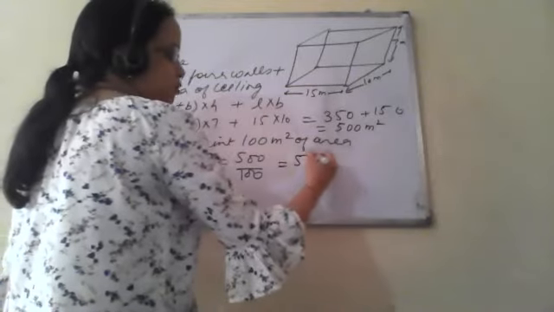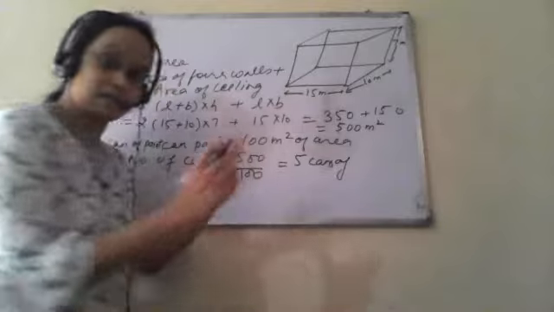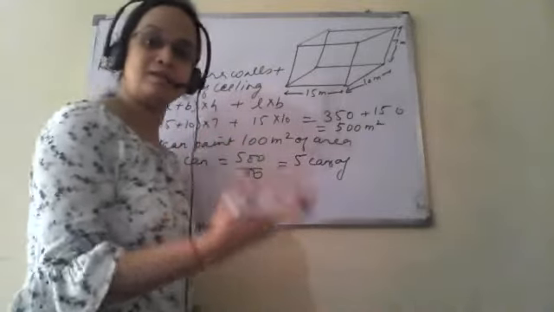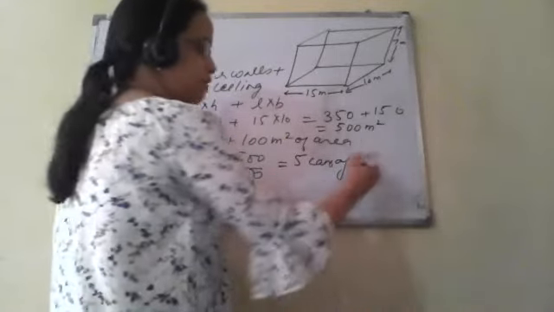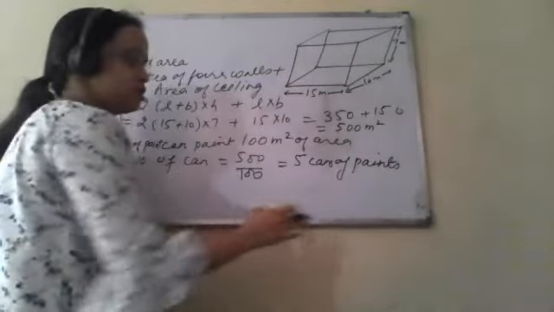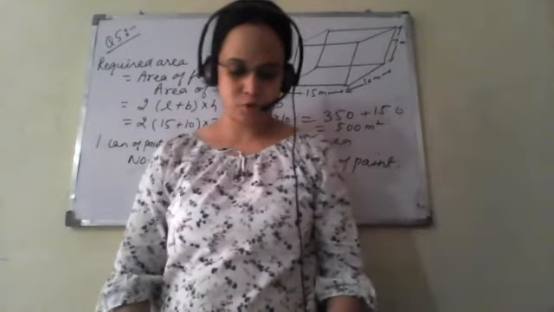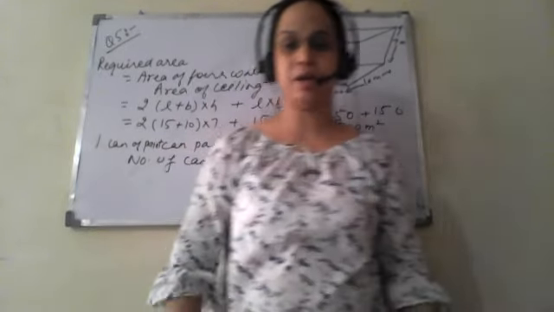So it comes out 5 cans. So 5 cans of paint are required for the total surface area. So the remaining questions we will discuss in our next video. Thank you.